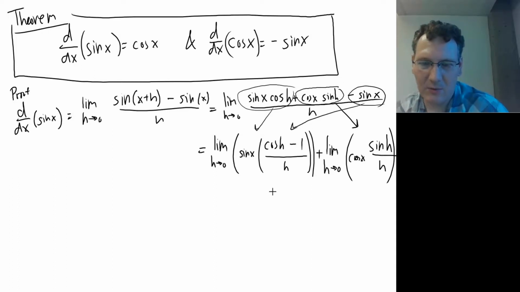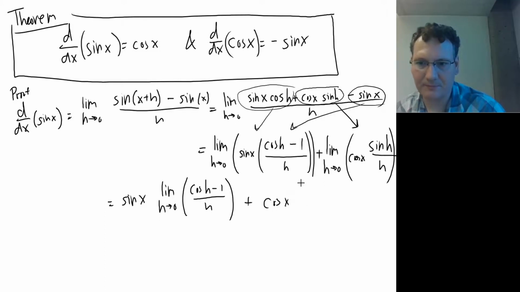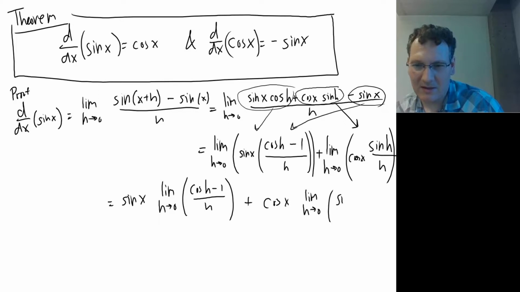Now sine of x can be factored out because there's no h involved. So this is the sine of x times the limit as h goes to 0 of cosine of h minus 1 over h, plus the cosine of x times the limit as h goes to 0 of sine of h over h.